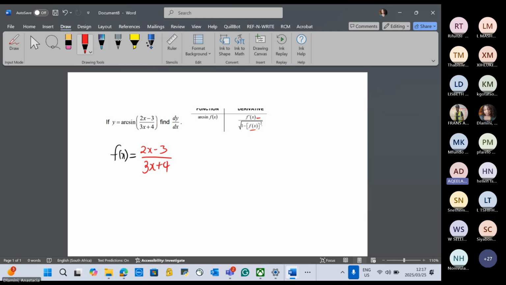You can use logs, or you can use your quotient rule. Quotient. Why not logs? Either way, ma'am. Either way.